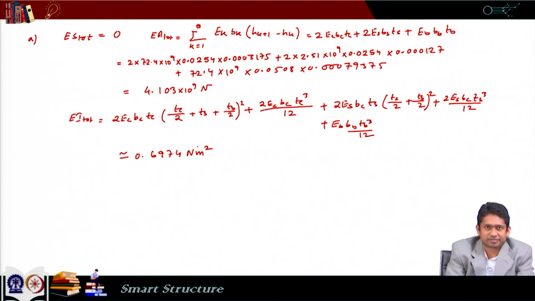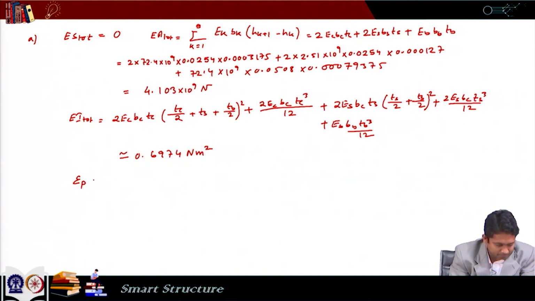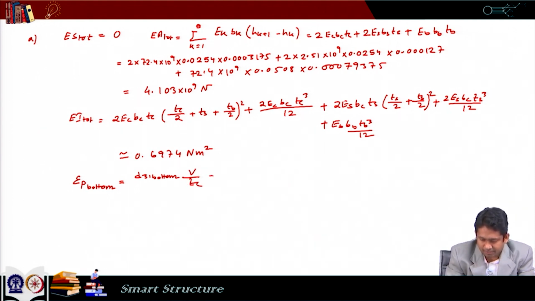Now, we have to find out the free strains in the piezo patches. So, epsilon p bottom, the free strain in the bottom piezo patch in terms of the applied voltage, is D31 bottom V by Tc, and that becomes minus 171 multiplied by 10 to the power minus 12 V divided by 0.0003175, and epsilon p top.